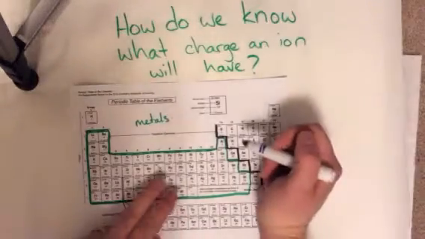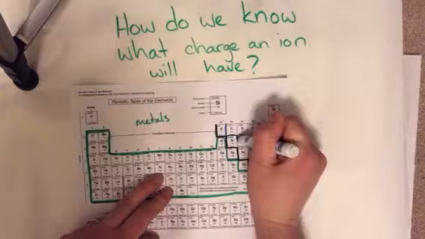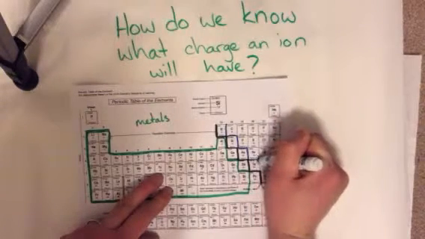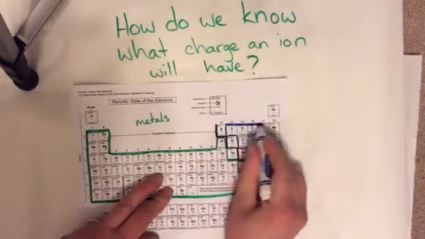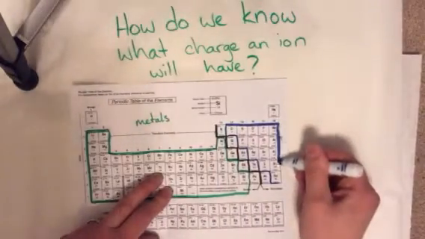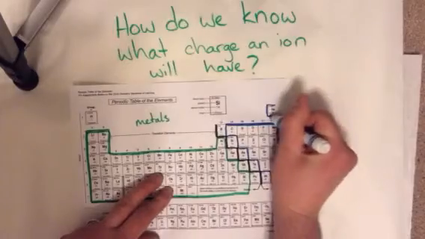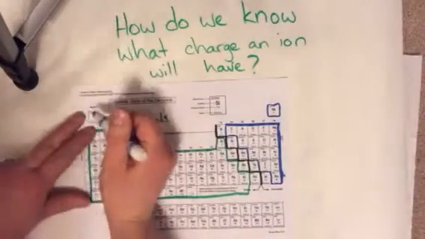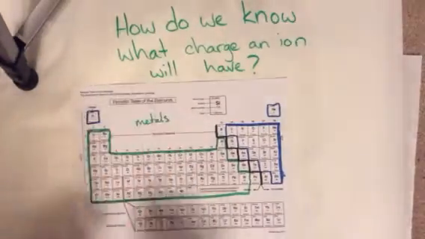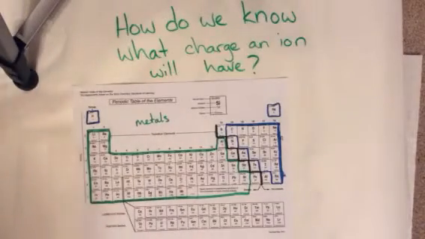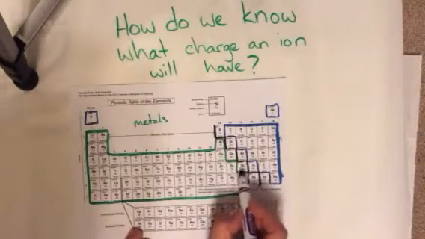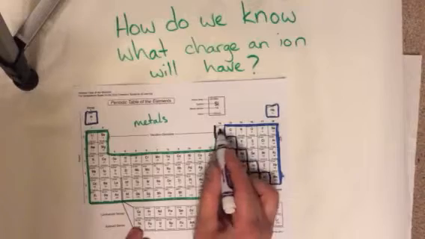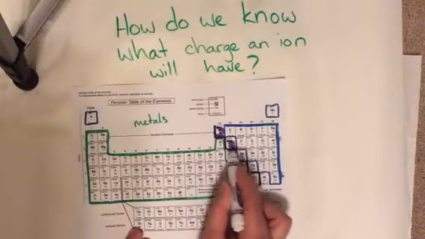Over here, on the right-hand side of that staircase, we have what we call the nonmetals. All of these are nonmetals, including helium and actually including hydrogen. Now, the ones in the middle, the ones that I sort of skipped, boron, silicon, germanium, arsenic, all of these that are touching the staircase, except for aluminum.